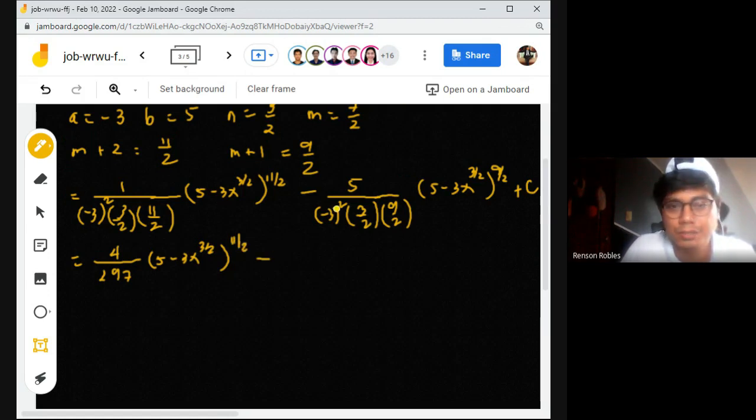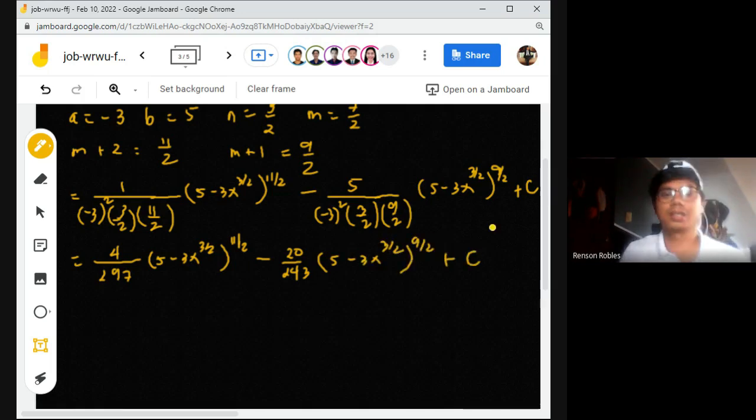Then minus, you do the same here. So this is negative 3 squared, that's 9. Then times 9, that's 81. Times 3, that's 243. Then all over 4. And that 4, multiply it by 5. So that's 20 over 243 times 5 minus 3x raised to 3 halves raised to 9 halves plus c.